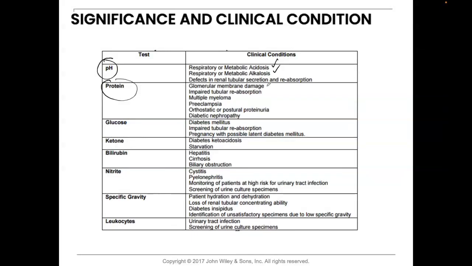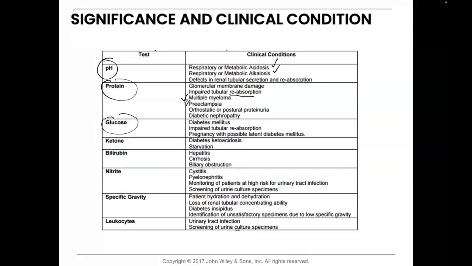This will determine whether or not there's any damage to the glomerulus, if there's impaired tubular reabsorption, if there's serious diseases like multiple myeloma or preeclampsia or orthostatic and postural proteinuria or a diabetic nephropathy.